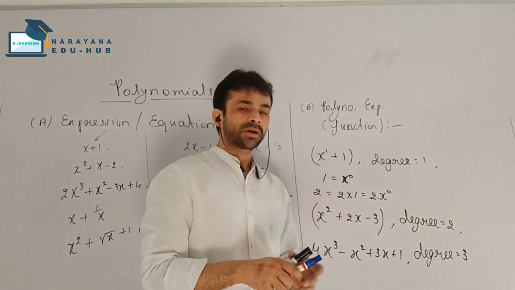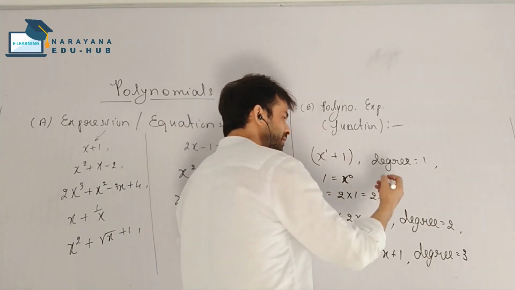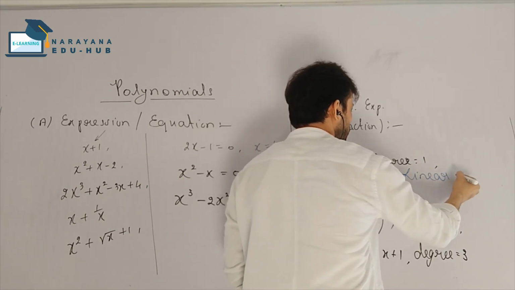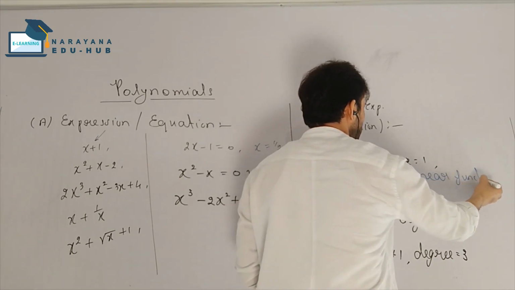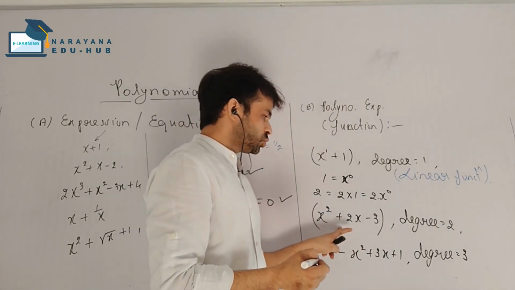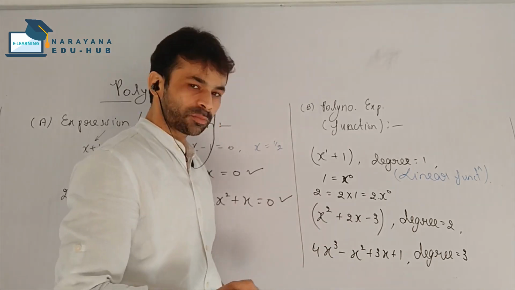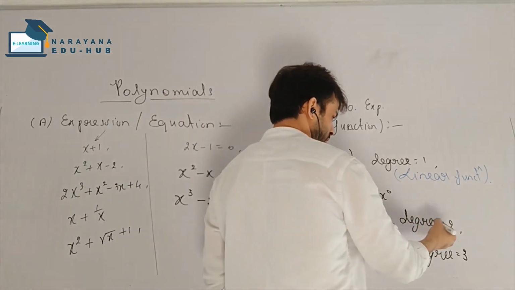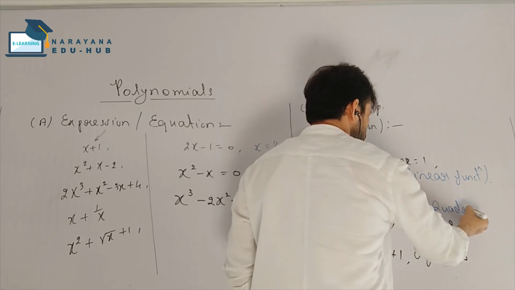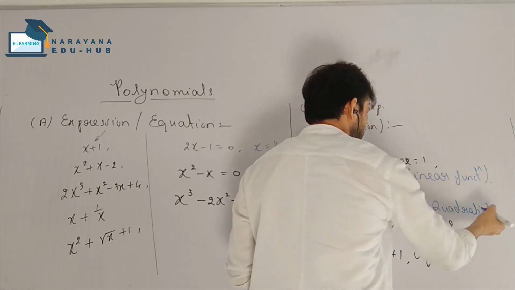A degree 1 polynomial is also called a linear function or linear polynomial. A degree 2 polynomial is also called a quadratic polynomial.